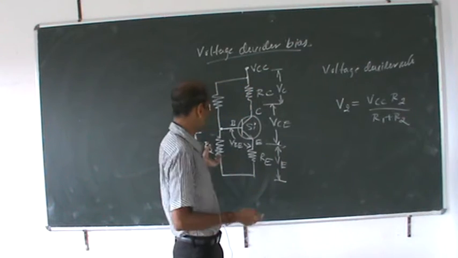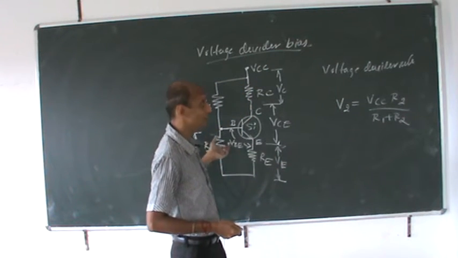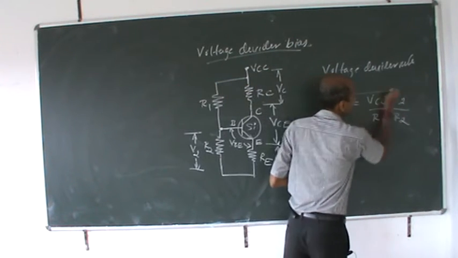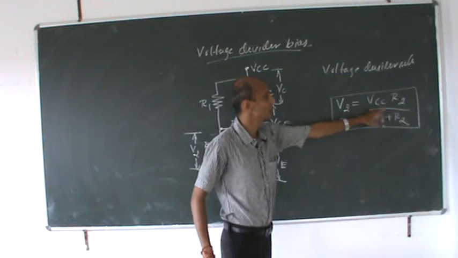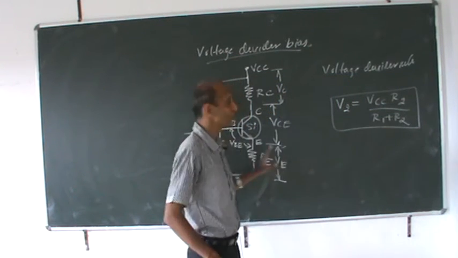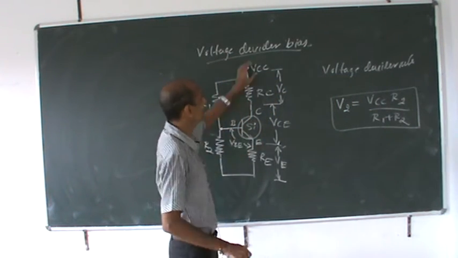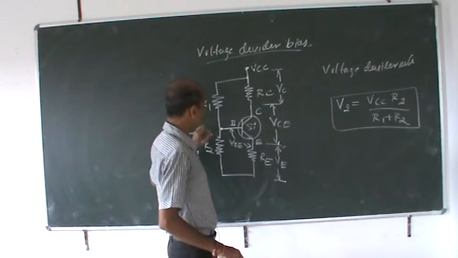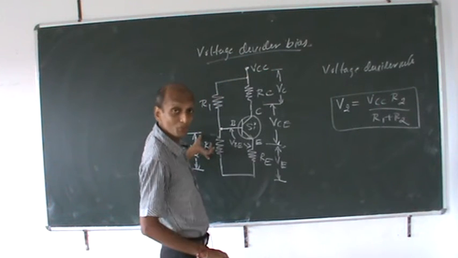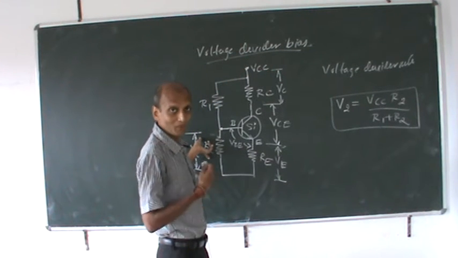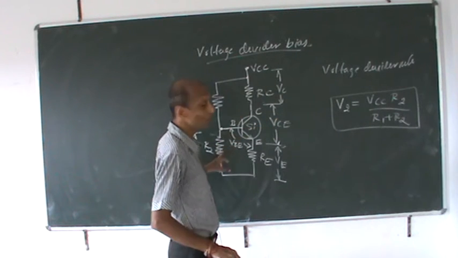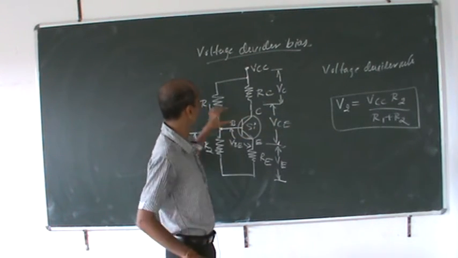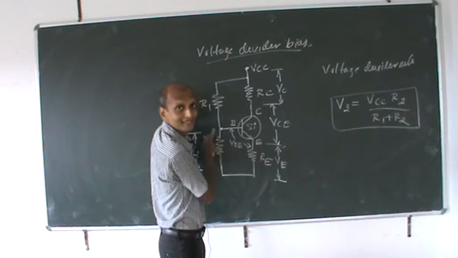The voltage drop across your resistance R2 can be found using this formula: V2 is equal to VCC into R2 by R1 plus R2. We have to remember this very well. The supply voltage into the resistance across which you are finding the voltage drop, that is VCC into R2, divided by the sum of the two resistances.